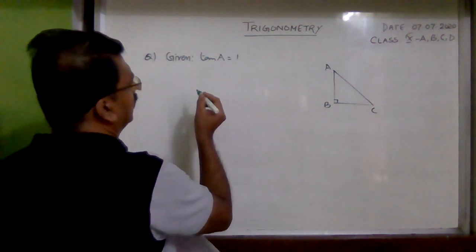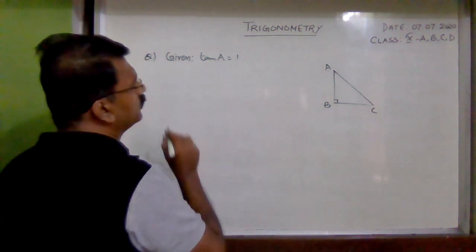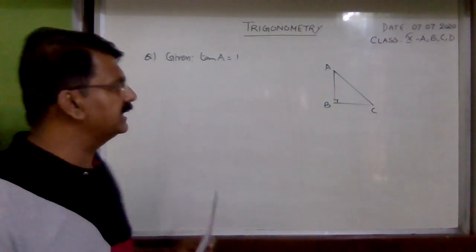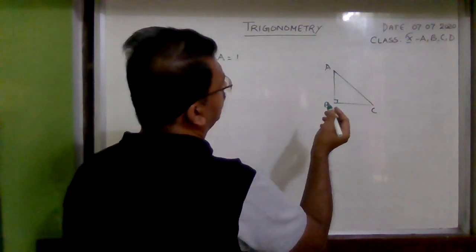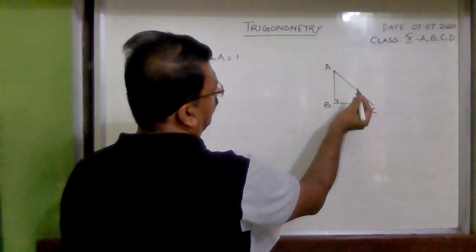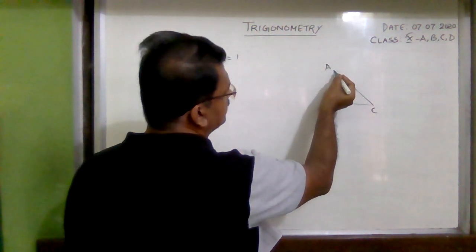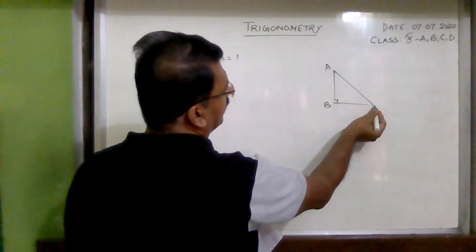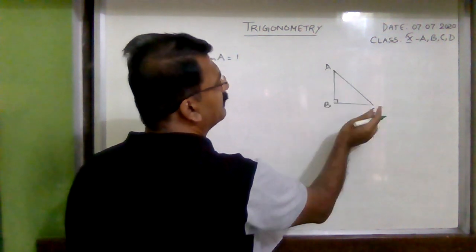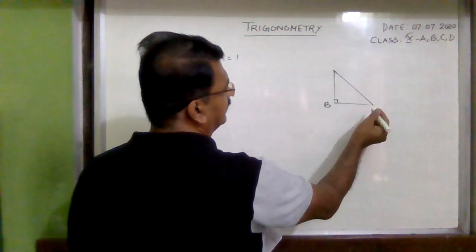Now if tan A is 1, all of you know that tan A is perpendicular upon base. That means if this is the reference angle, this will be the perpendicular or this will be the base. So we will do one thing, we will change it.